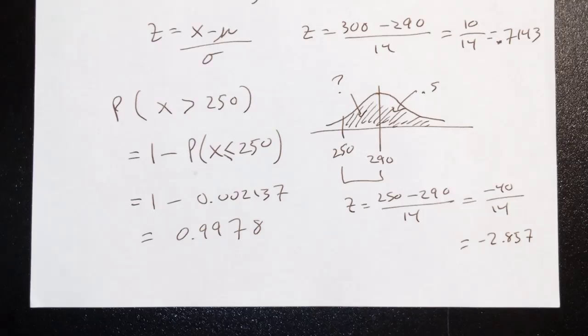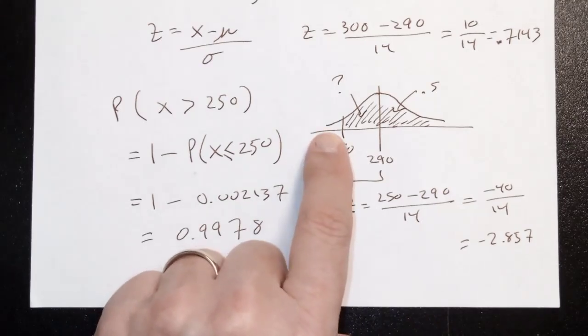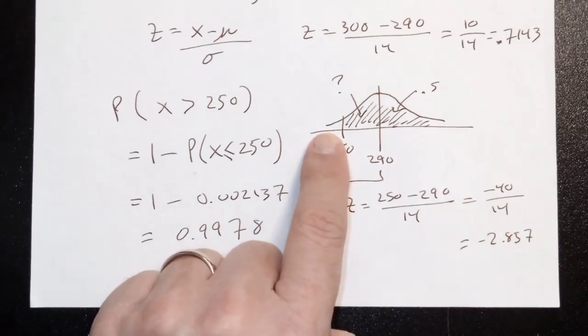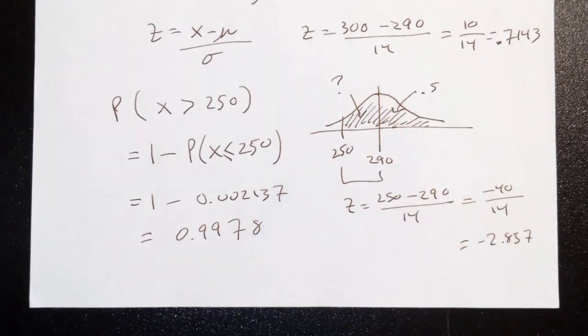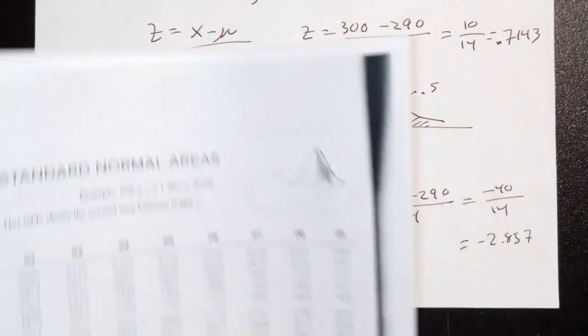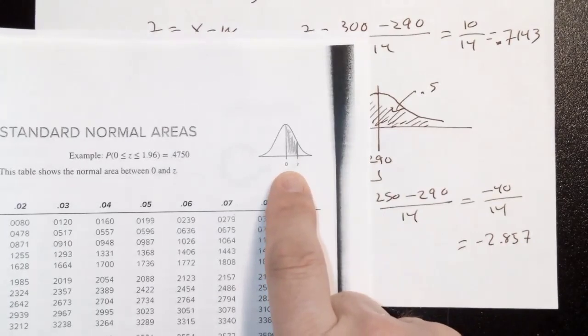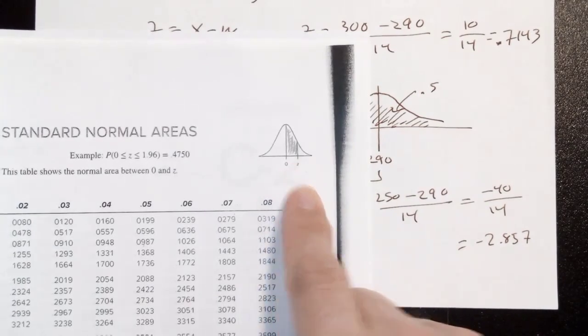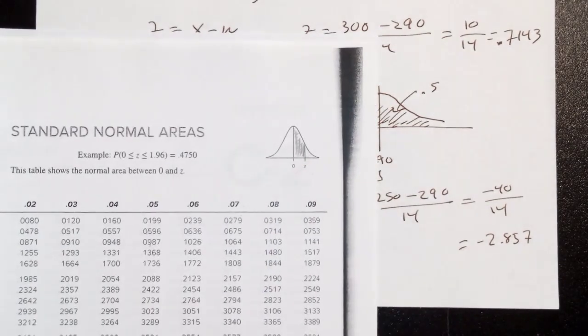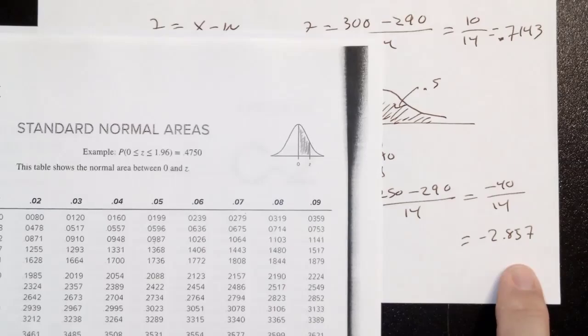Now, if I get negative 2.857, if I use table C2, that'll give me this little unshaded area because that's cumulative. But if I do table C1, that would give me the area from the middle to some point, right? So table C1 would be helpful here, except notice all of these z values are positive, but that's okay because the picture is the same on the left as it is on the right. So I can just use positive 2.86.